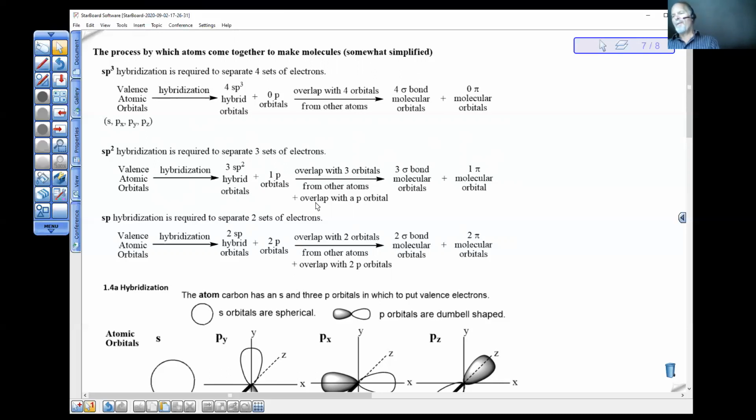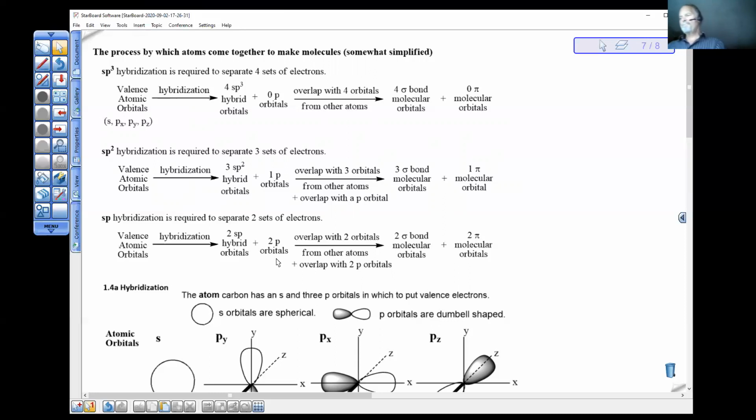All right, now you sometimes only need to separate 2 sets of electrons. This would be our final hybridization. You're going to need to make 2 hybrid orbitals. We always use the s, and to get to 2, you only need 1 of the p's. So you're going to make 2 sp hybrids, and you're going to have 2 p orbitals left over, which means you can make 2 separate pi bonds.